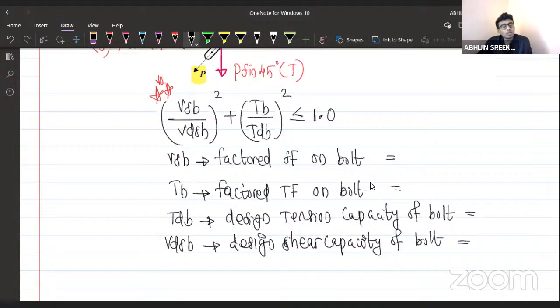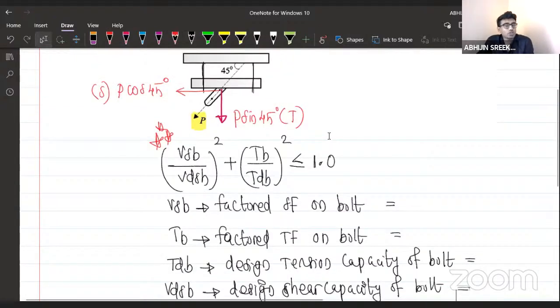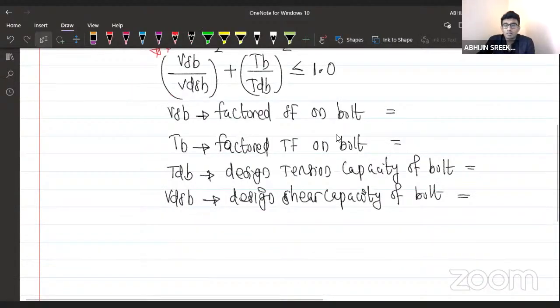Anyone? What will be the shear force on each bolt? Total shear force. What is the total shear force? Exactly. Total shear force here is P cos 45. How many bolts are there? 4 bolts are there. Or I can write it like P by 4 root 2 is the factored shear force acting on the bolt.